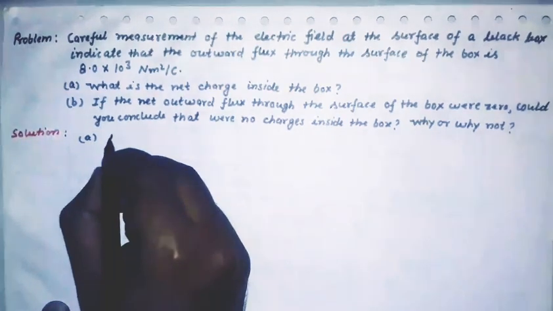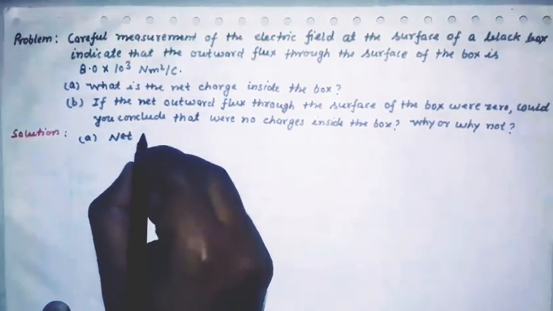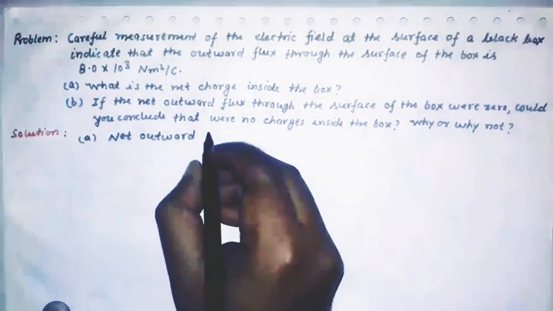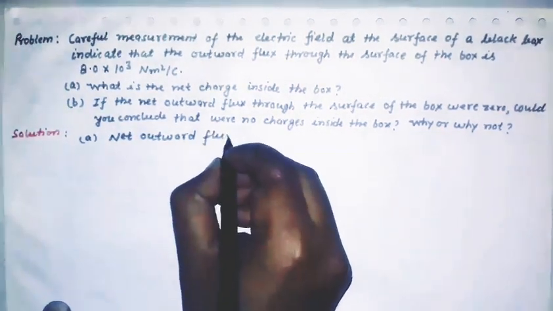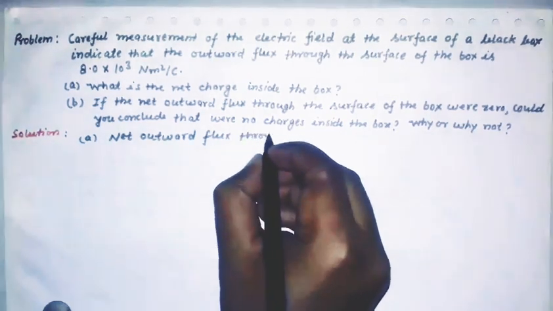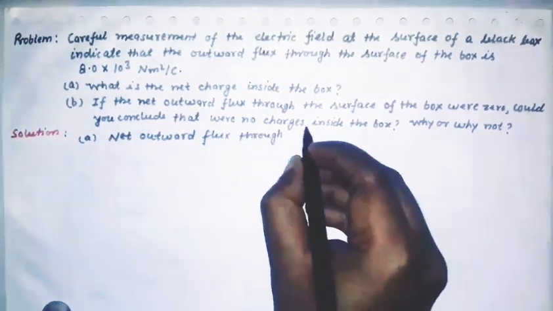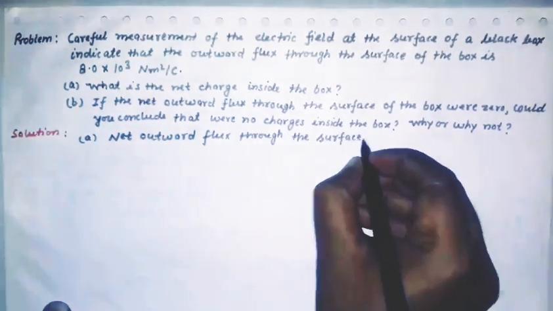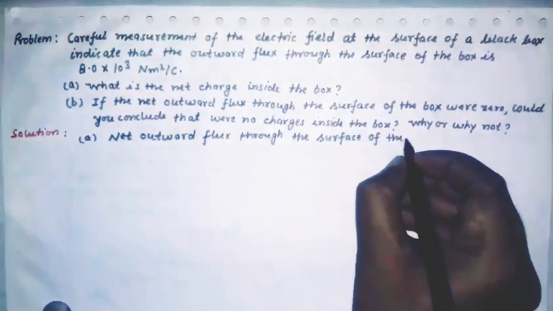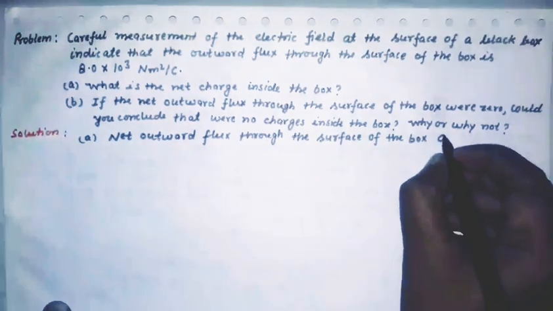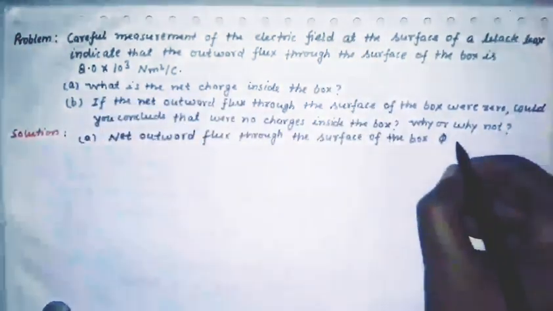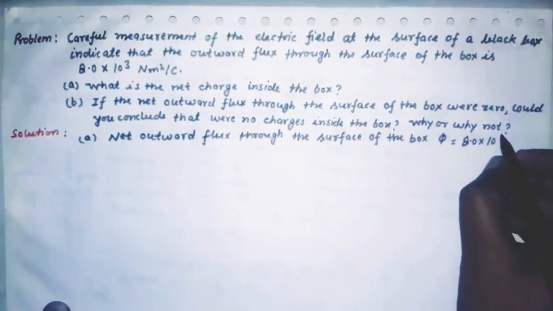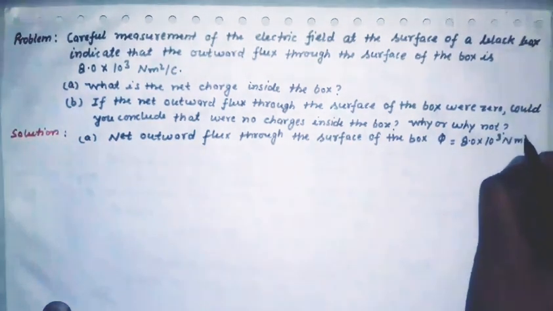So first of all we move to the first part. The net outward flux is given. Flux through the surface of the box, that is phi, is given to you as 8.0 into 10 to the power 3 Newton meter square per coulomb.